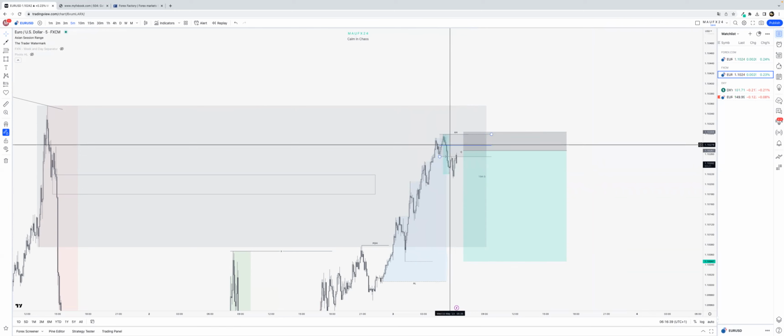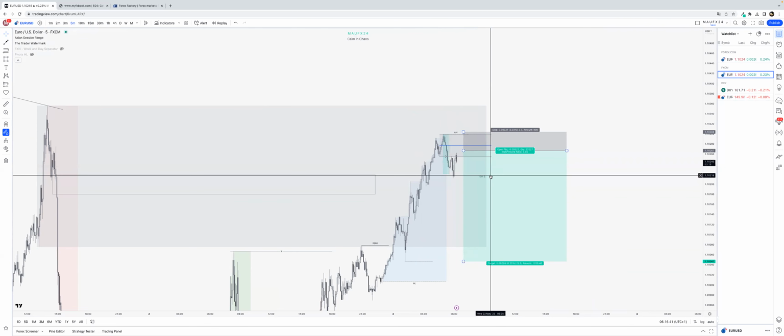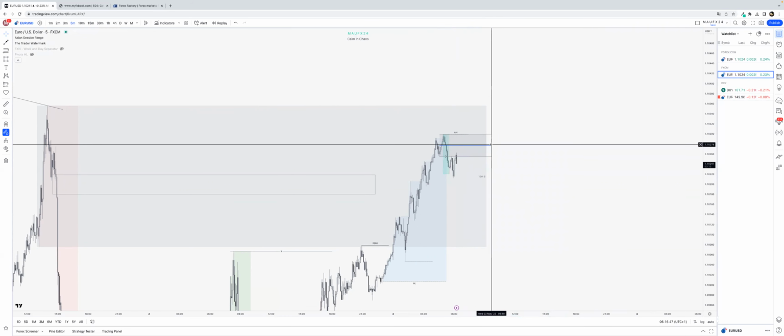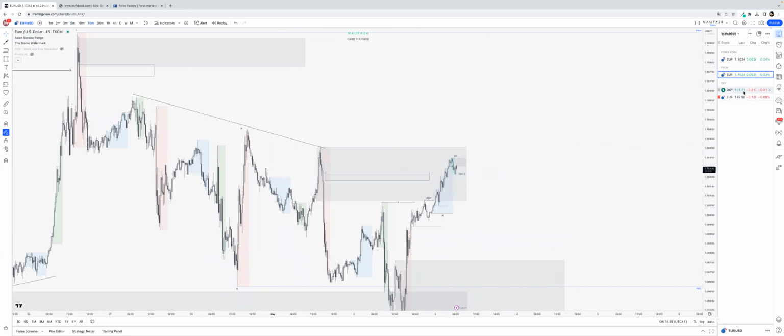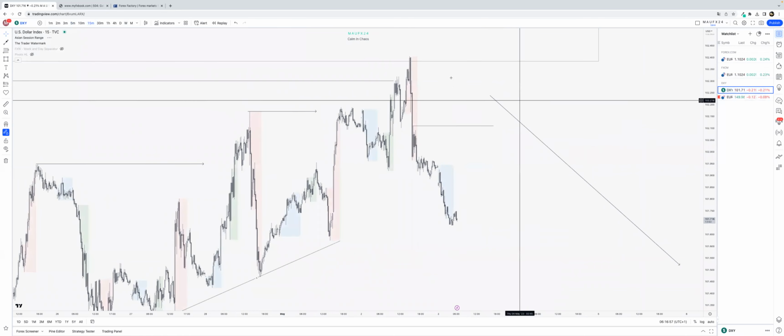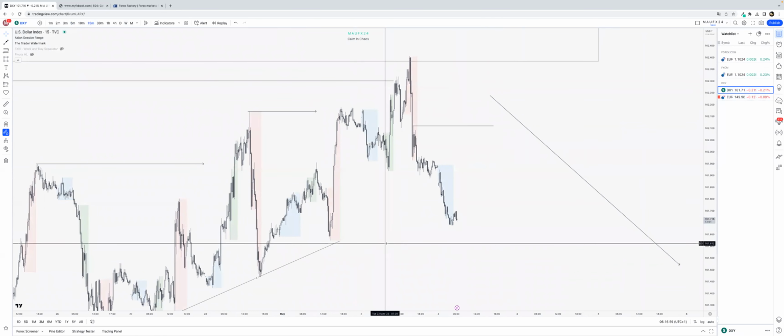Going into the discount now or into the premium, but we'll see. I said confirmation based in this area because we got Asia highs above. And overall, longs are more valid than shorts, as the DXY took liquidity from the highs and is favoring the lows.